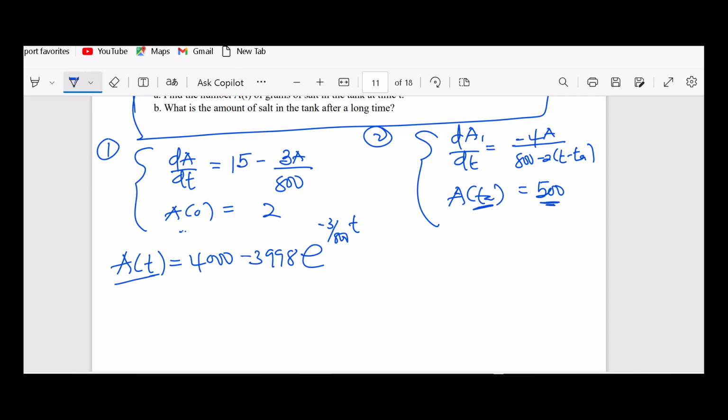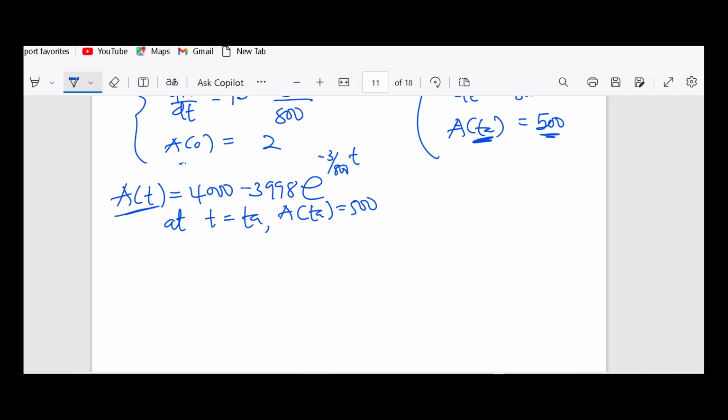So we can use this model to find the T of A here. At T equals T of A, we have A of T of A equal to 500. This is how it is.